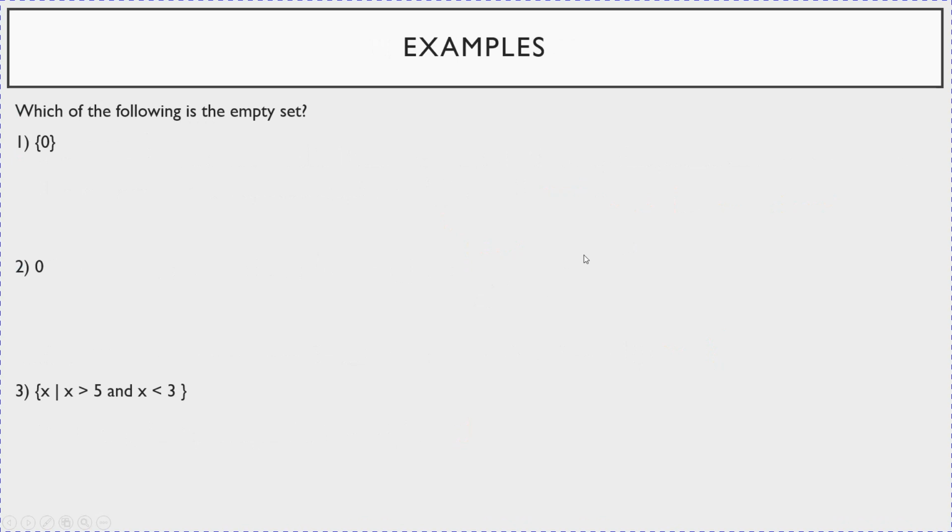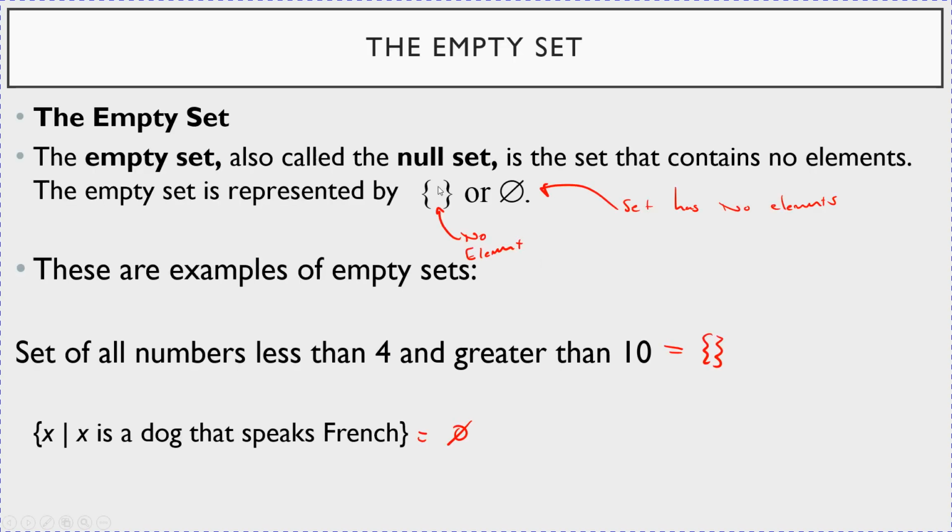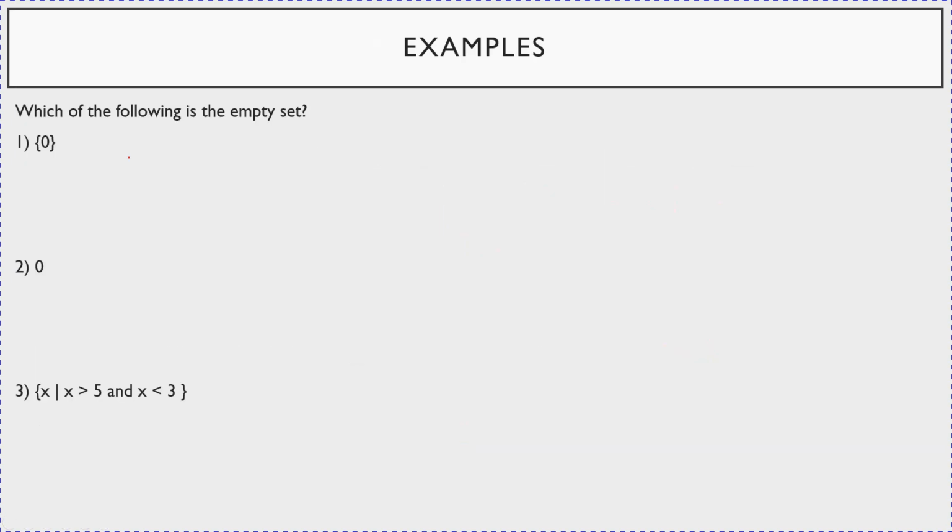Okay, which of the following is the empty set? Look at this one here. It looks like curly braces with 0 in it. That's not the empty set. Remember, the empty set needs to have braces with nothing in it. This is a set with the element 0 in it.